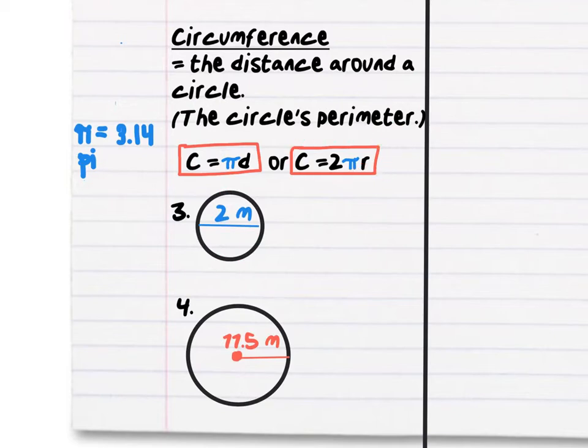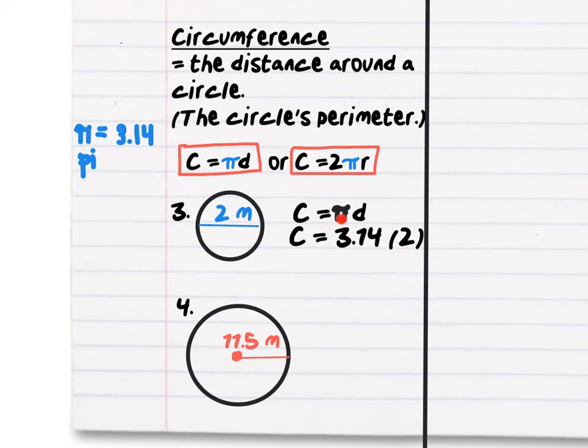So looking at problem 3. On problem 3, we're given the distance all the way across, which is known as the diameter. So we're going to use this formula here. So always start with the formula. And now we know that the diameter is 2. So now underneath we're going to write C equals 3.14 times 2.